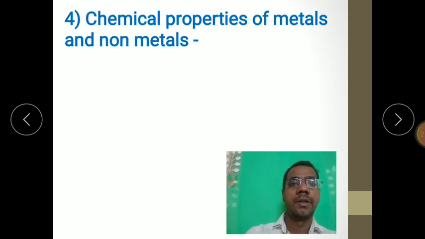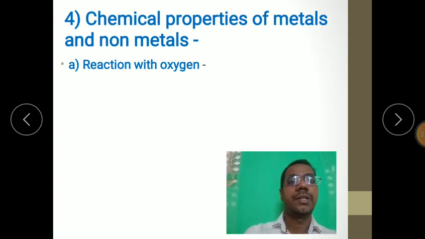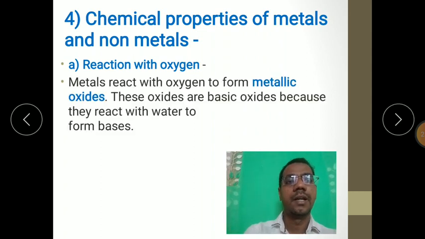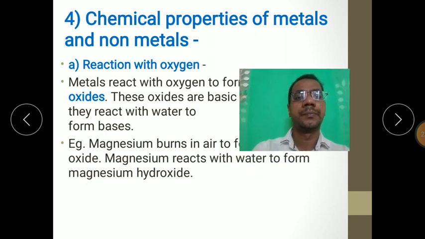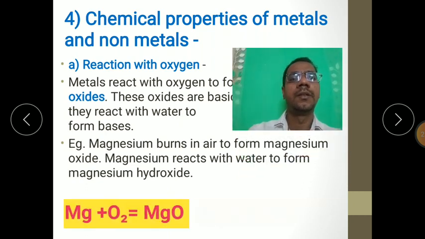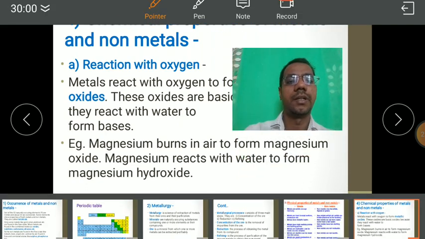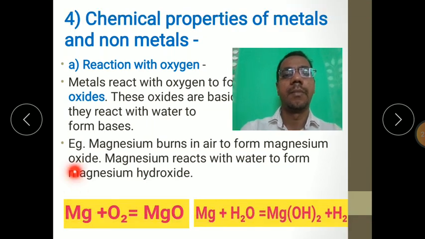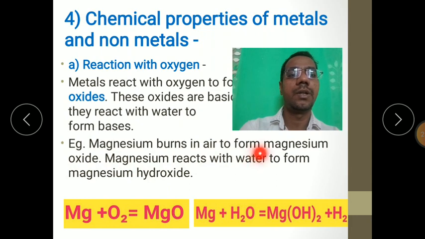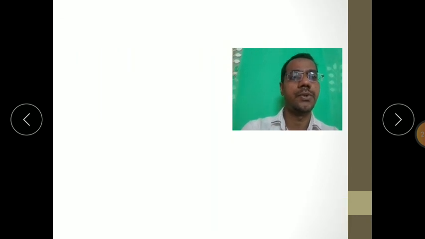Next, chemical properties, it means reaction with oxygen. When metals react with oxygen they form the oxide, and when this oxide reacts with water, metal oxide forms metal hydroxide plus hydrogen.